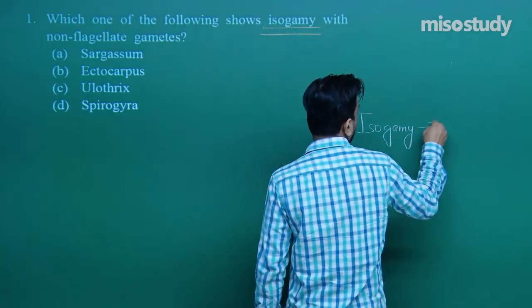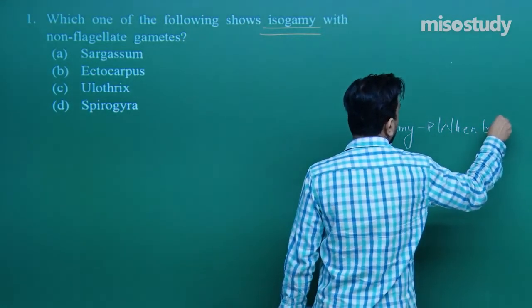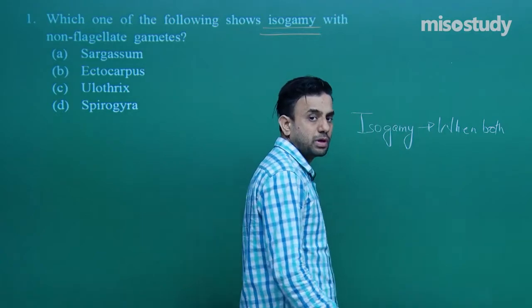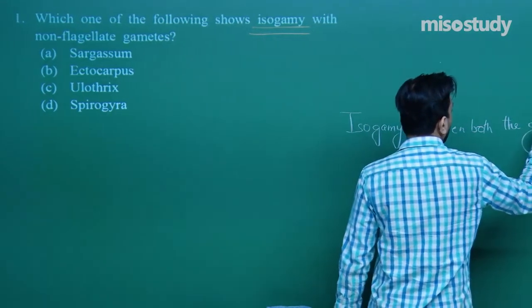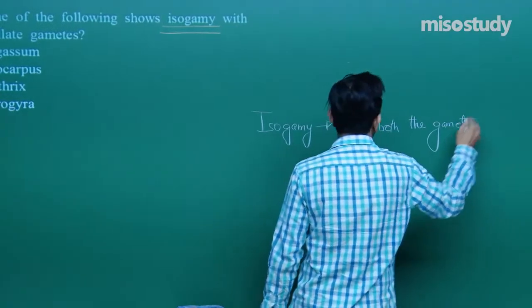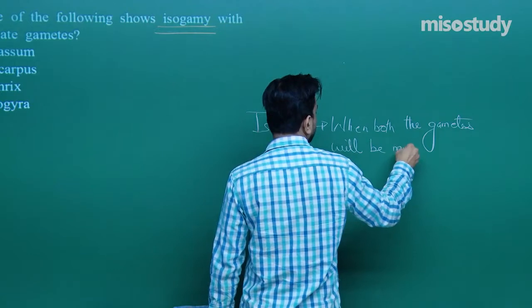Isogamy is a condition when both the gametes are morphologically similar.